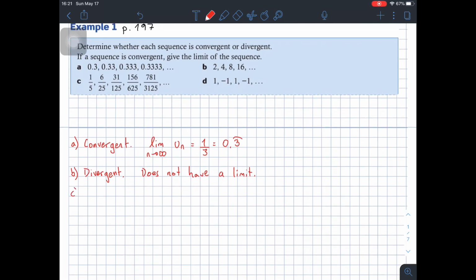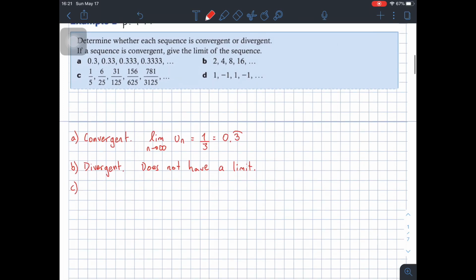Then we have part C. We have these fractions over here, 1/5, 6/25, and so on. Maybe if we write this as decimals, we could visualize what's happening better, okay? So I'm going to write 1/5 as a decimal, that's 0.2. 6/25 as a decimal, that's 0.28.